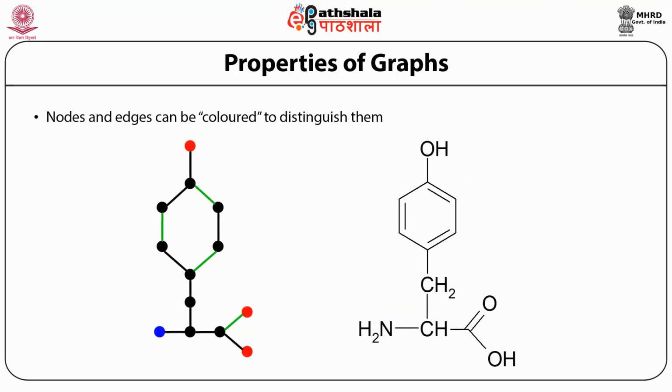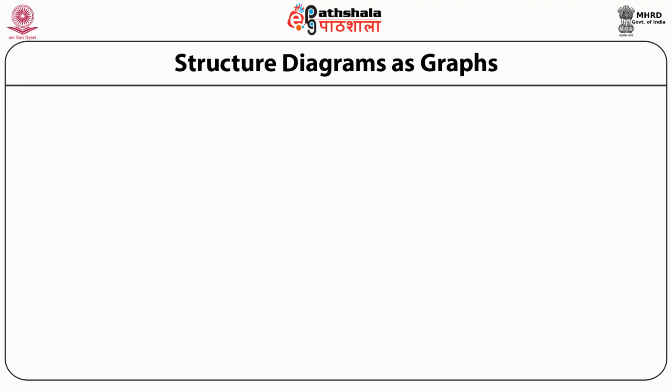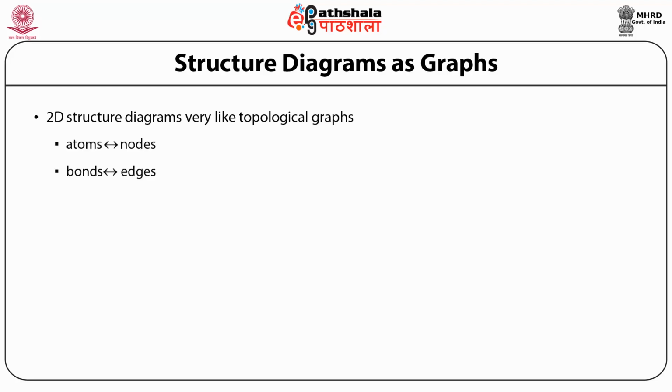Now we can do some more work on top of it. We can color a graph, for example color all nodes by their atom and distinguish the graphs. In doing so, we make atoms nodes and bonds edges. Even bonds can be characterized, such as double bond or single bond, by coloring.